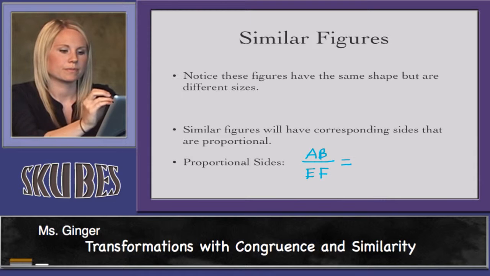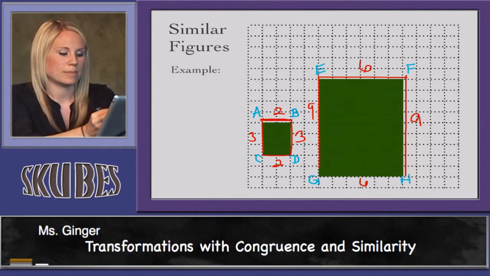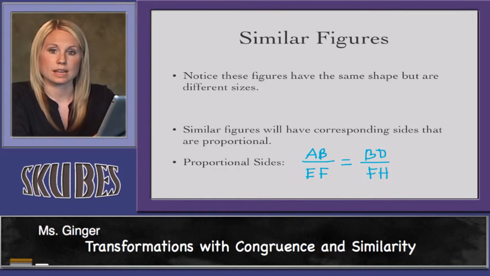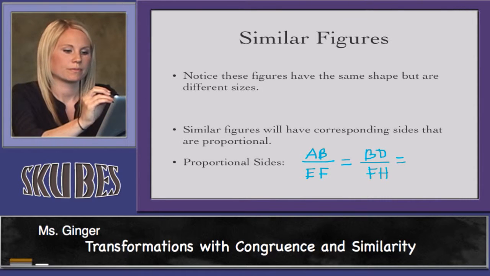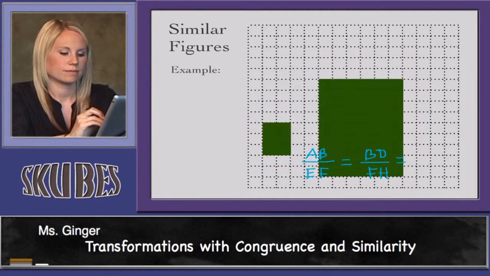All right. And then another matching pair of sides is BD to FH. You can see that from small to large. BD, FH. So we'll write that in. BD is to FH with the same relationship. Okay. And then bottoms, we've got CD to GH.